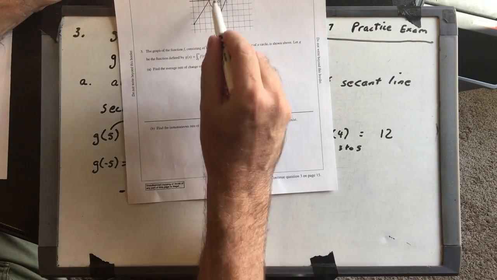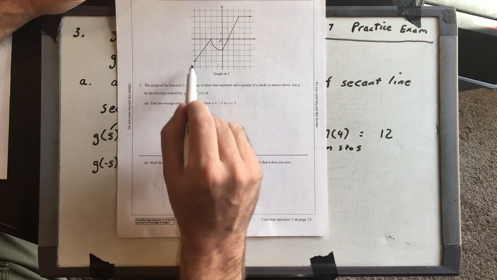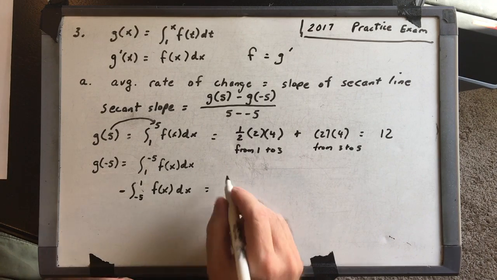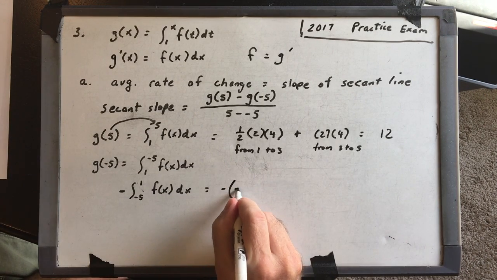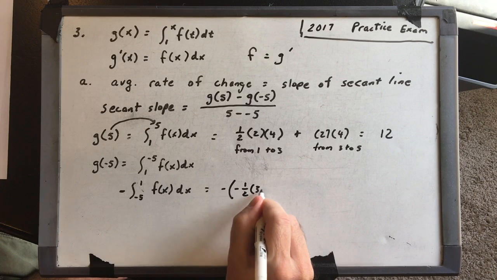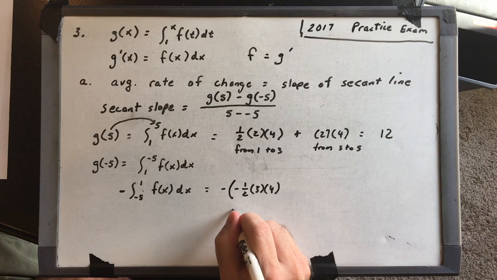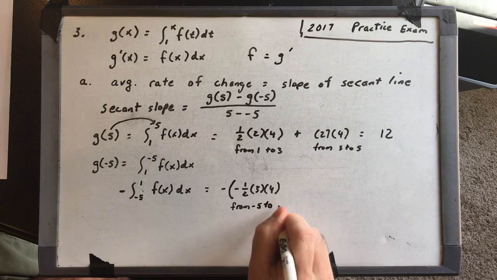From -5 to -2, we've got a triangle, 1/2 times 3 times 4. But since it's below the x-axis, and we've got this negative out front, it's -1/2 times 3 times 4. So that is from -5 to -2.